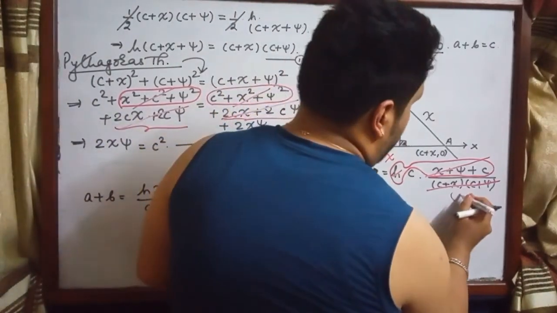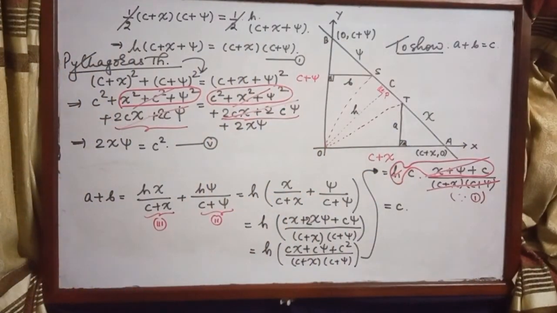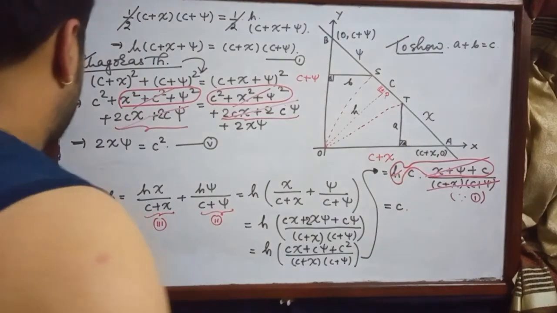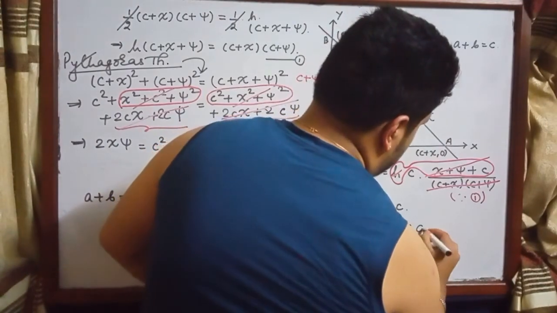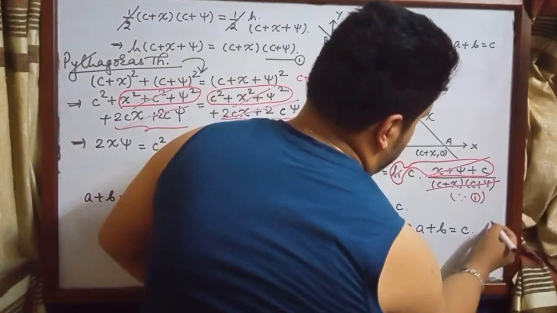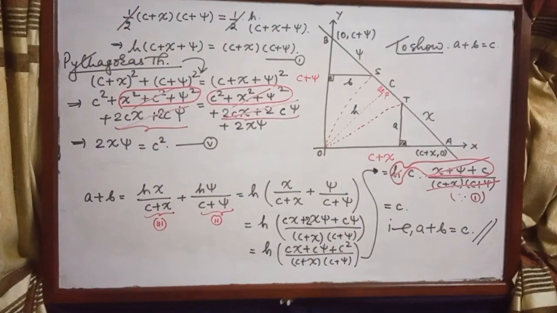This is because of equation 1. So we've obtained a plus b is equal to c, which we were supposed to show. Now I don't say that this method is easier than the one I described before, but it's also doable. It's not that terrible. All right, thank you very much.